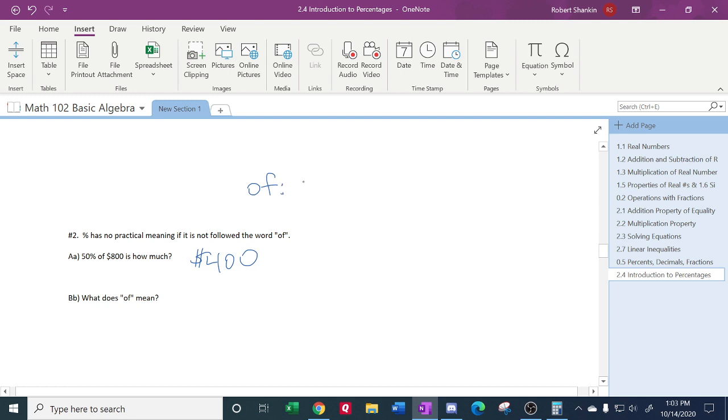Let me take of and try it as addition for a moment. Then 50% of $800 would look like this. 50% would be 50 over 100, and if of meant addition, this would reduce to 1/2, and we'd get 800.5.